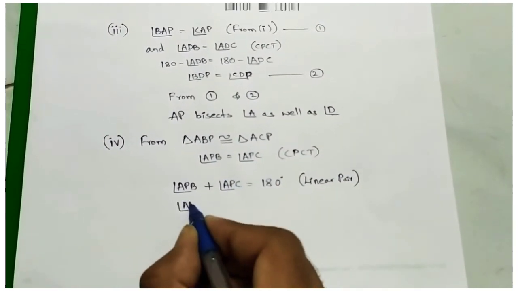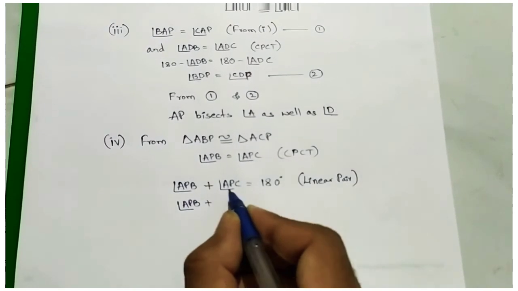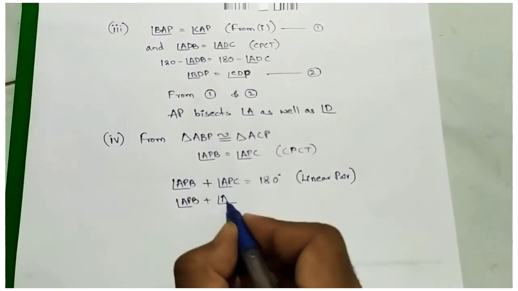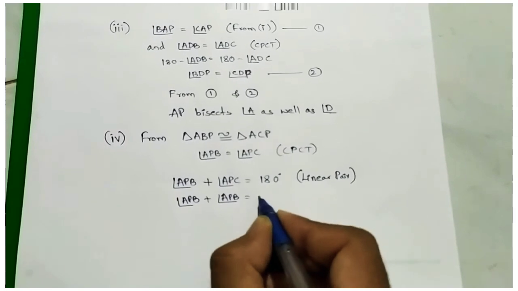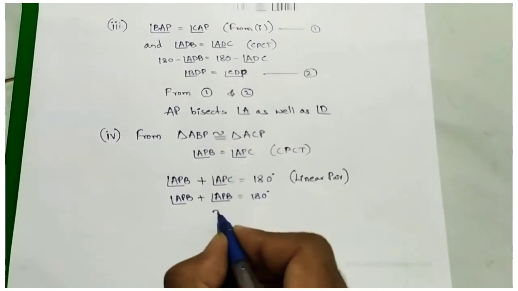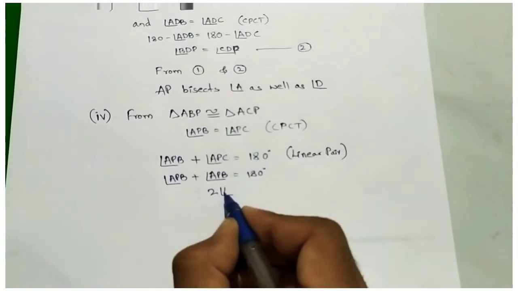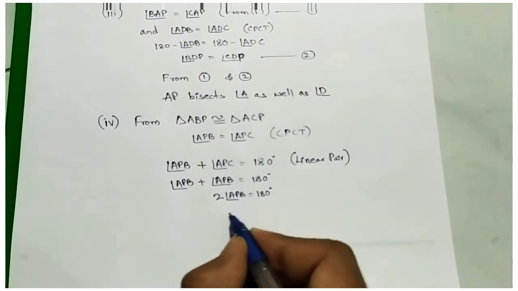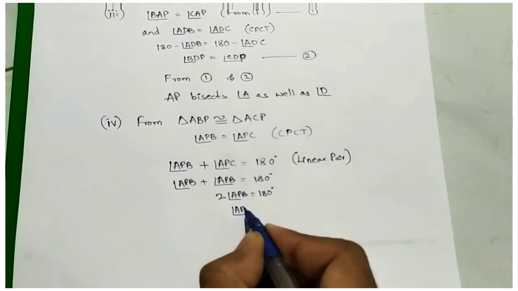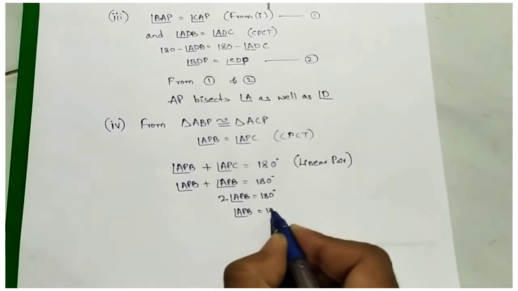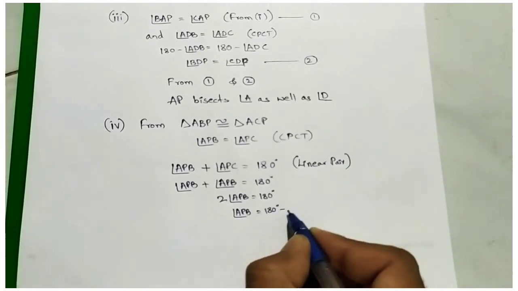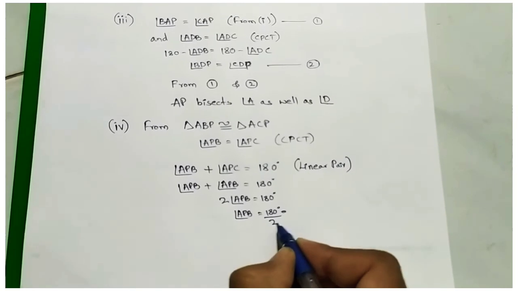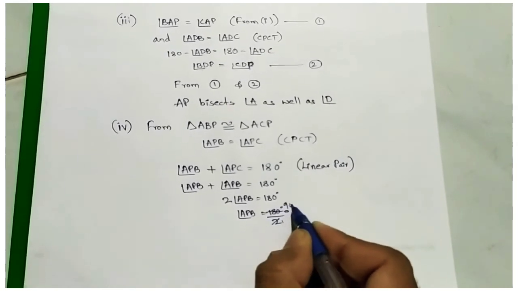So APB equals APC. APB plus APC, and APC is also APB, equals 180. So 2 APB equals 180, so APB equals 180 divided by 2, which is 90.